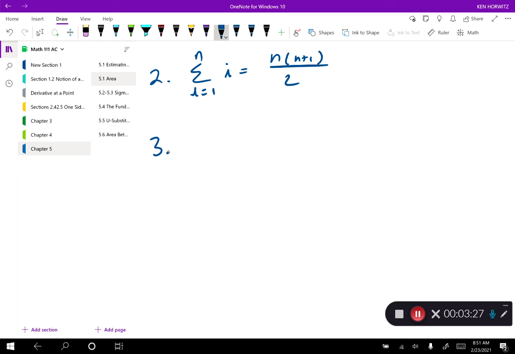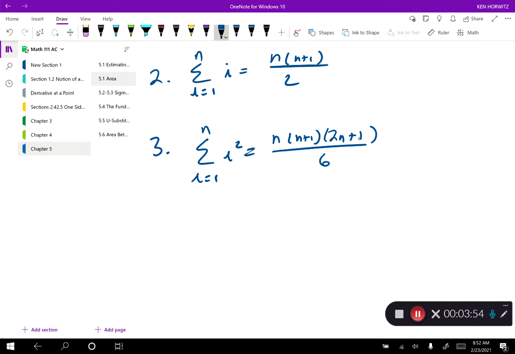The third formula is sigma i equals 1 to n of i squared. And that's n times n plus 1 times 2n plus 1 all over 6.